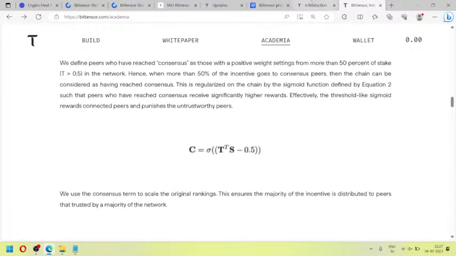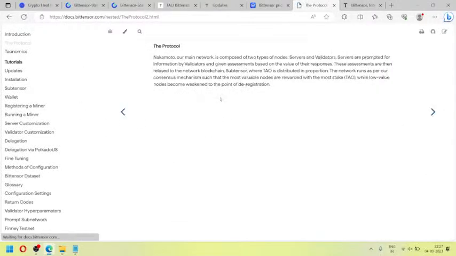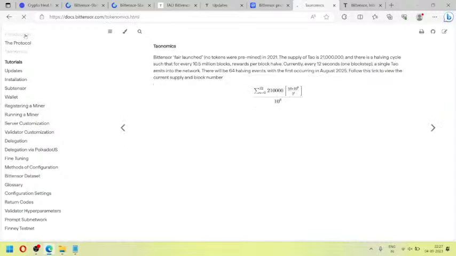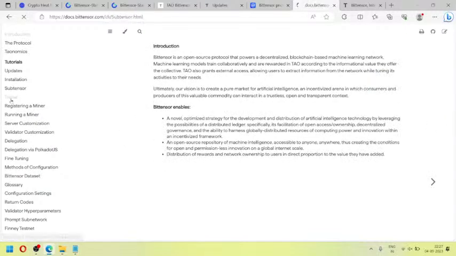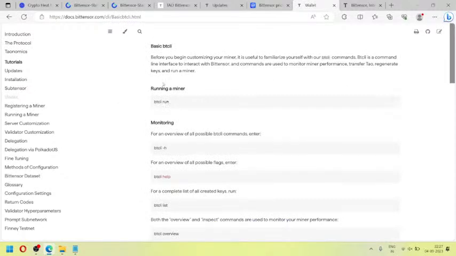And this is the AI network layer. They wanted to become one AI option. You can see everything in here. You can see about the Bittensor wallet, basic btcli.